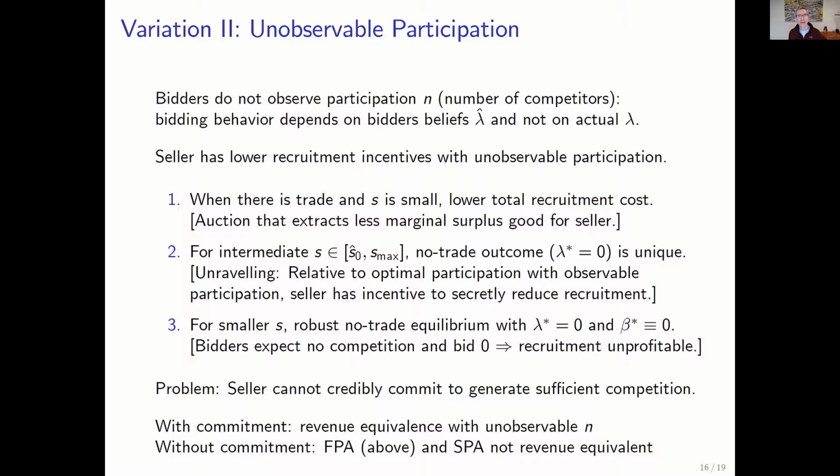What's commonly done, for example, in home sales, where we could have unobservable participation, is an escalation clause. In the event that there's competition, I can have my bid raised in response, which essentially makes it an ascending auction. And then I think you get around this problem.